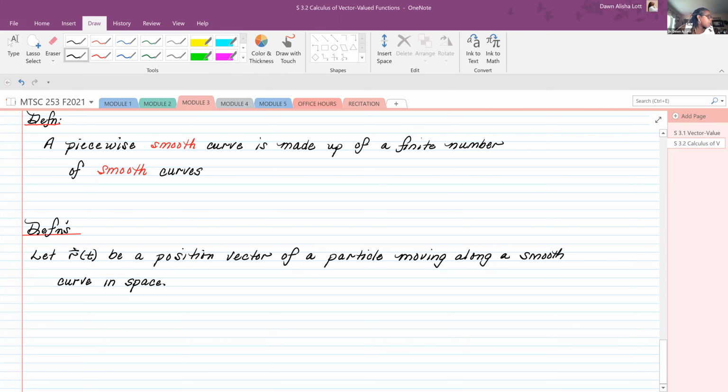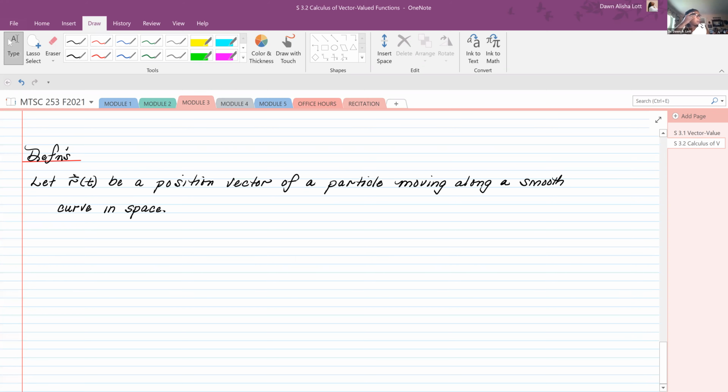Then the first thing we want to define is our velocity vector. So the velocity is the derivative of the position. So v of t equal to dr dt is the velocity vector.